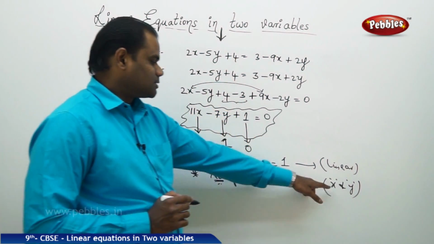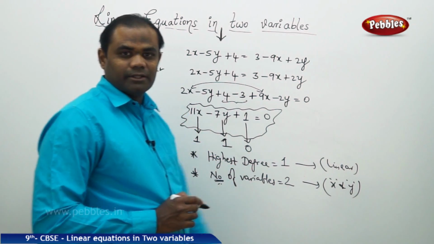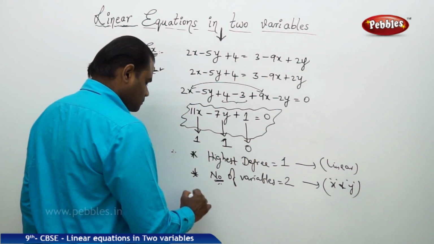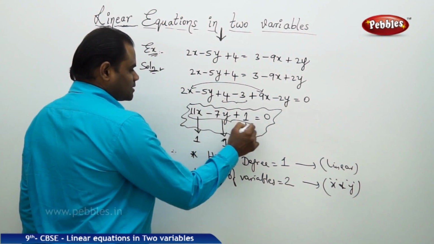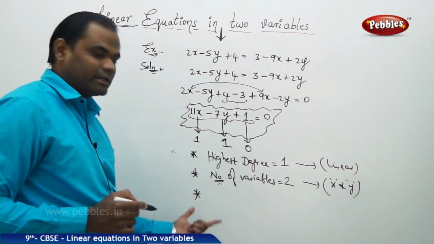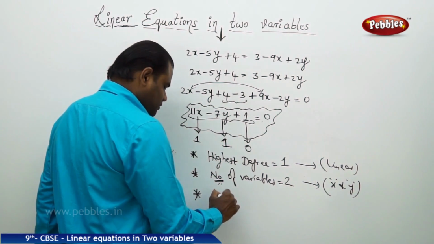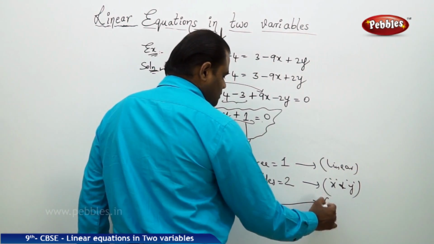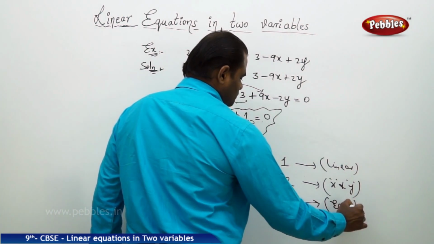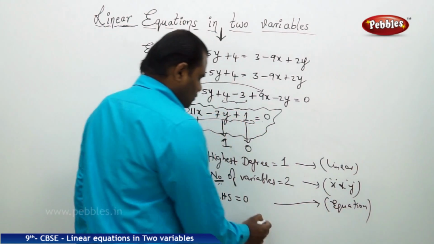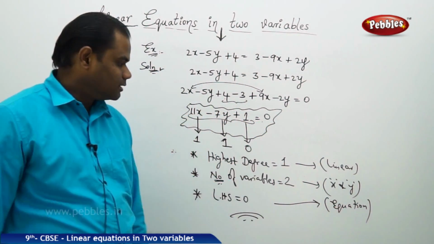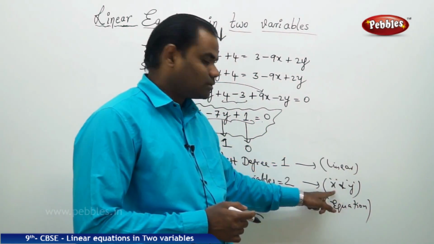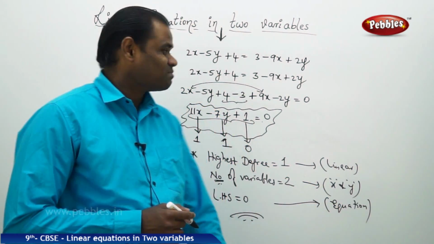So I have two variables x and y, and it is linear, and as I see that the left hand side is equal to 0, that's rule 3, my LHS is equal to 0, therefore it's an equation. And overall I conclude that this is a linear equation in two variables x and y.